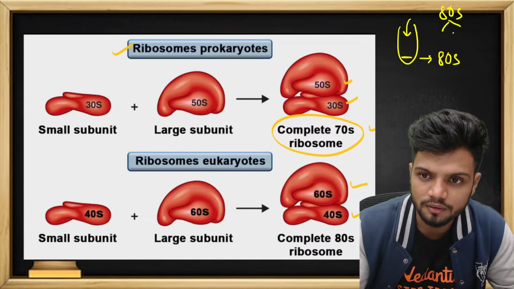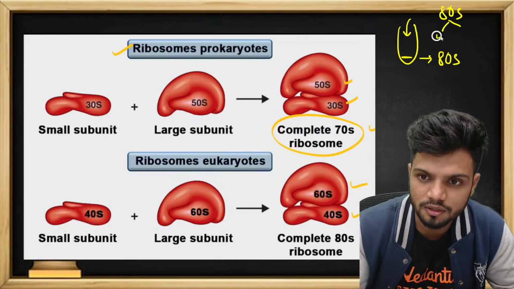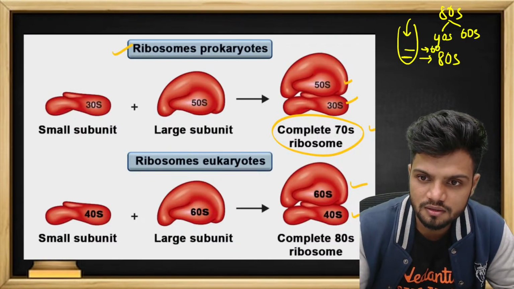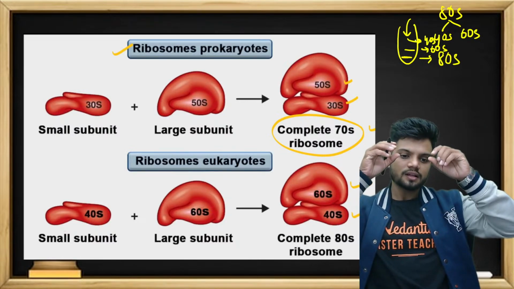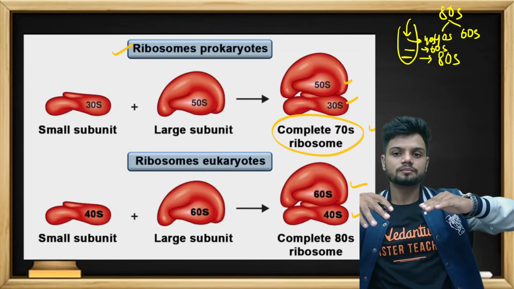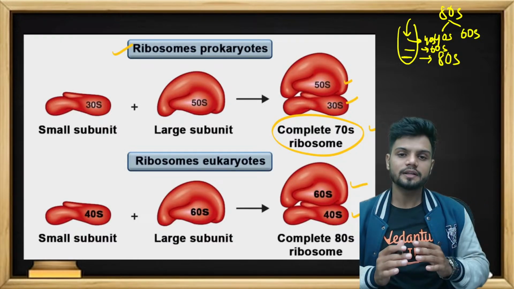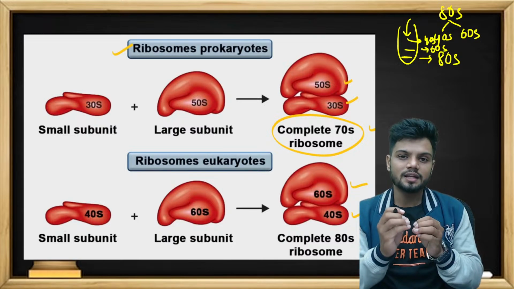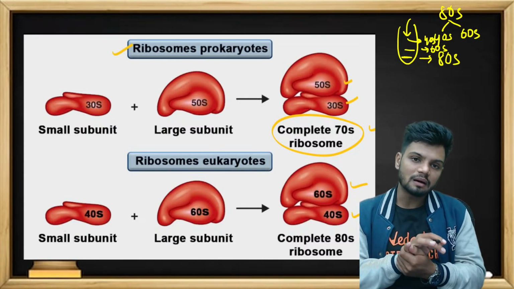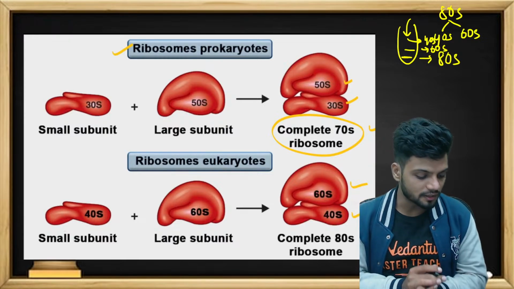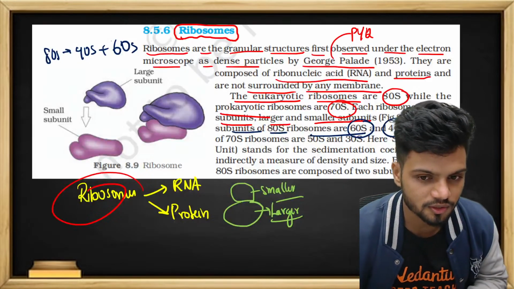Once you split it open into small subunit and large subunit, here you will find 60S and here you will find 40S. Basically, it depends on how a ribosome sediments and at what level. That is called the sedimentation coefficient, and based on it we give the numbers such as 30 and 50, or 40 and 60. It is not additive in nature.